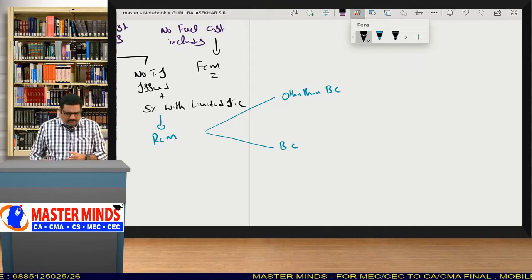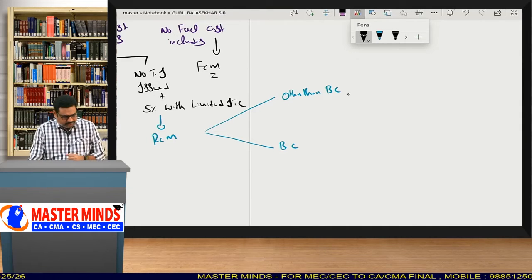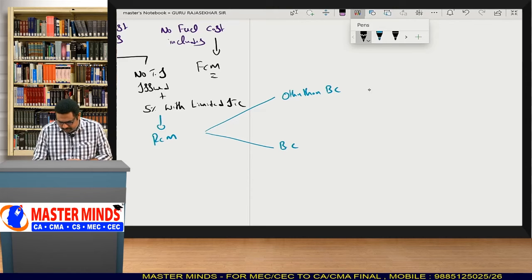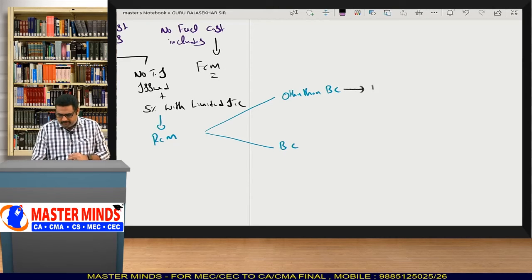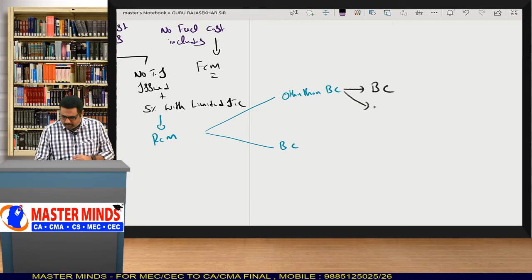If the supplier is other than body corporate, then recipient should be of two types. If this particular person is providing service to a recipient who is a body corporate and who is a non-body corporate.